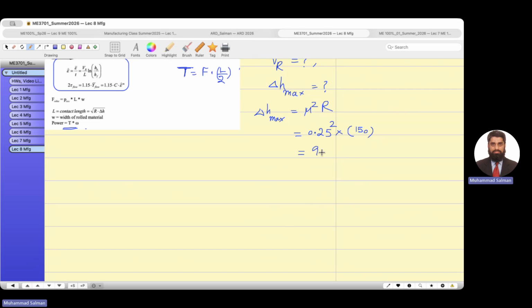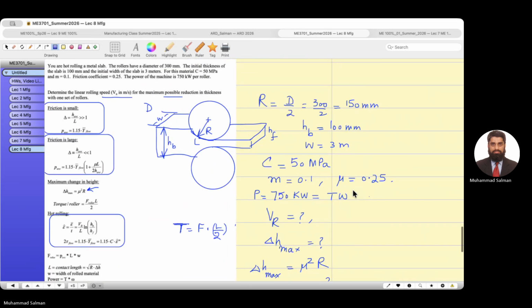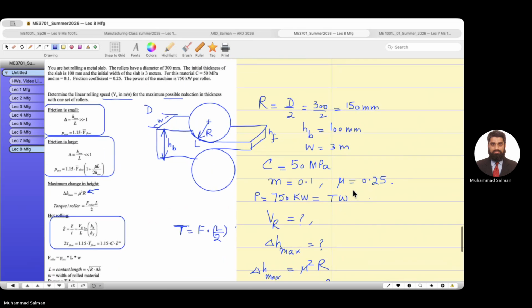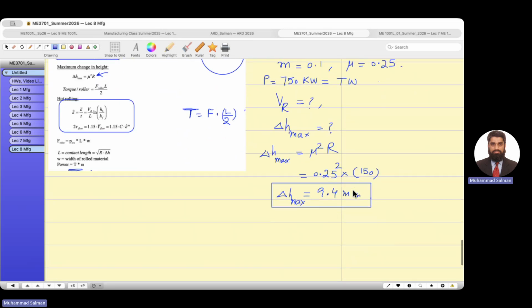Is it 9.4 millimeter? Can you verify? That's the maximum reduction in the thickness of the slab. Yes, you got the same answer.